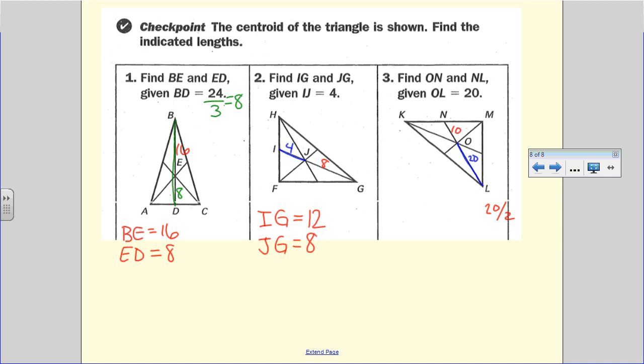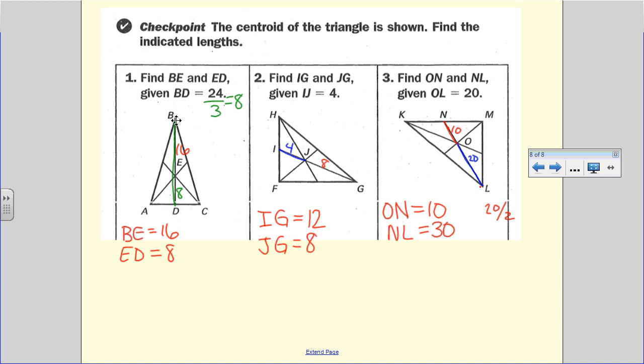Now I have both the interior segments, so I'm going to go back to what they want me to find. ON was the first one they had listed, so O to N, that's the centroid to midpoint, centroid to side, and we labeled that with a 10. I then have to find NL. NL is the entire median, and so I add those two segments together and get 30.